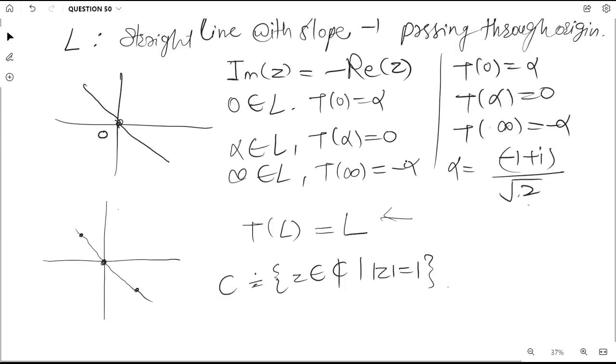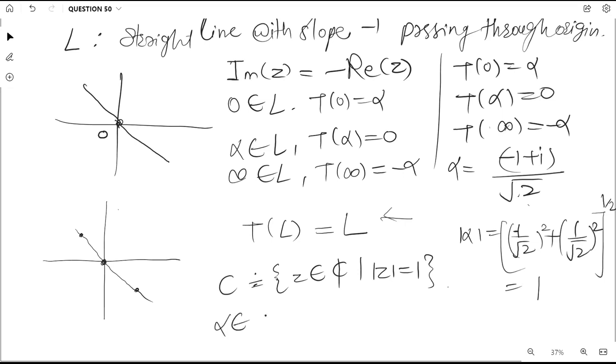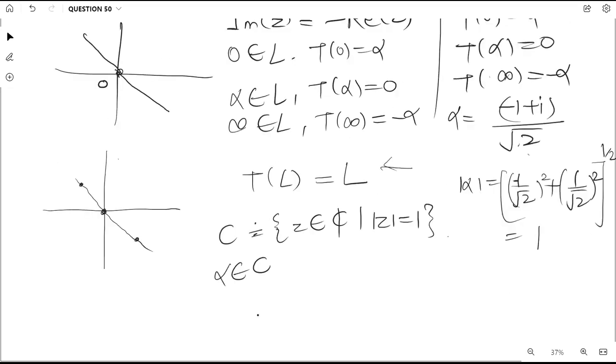Okay. Now, if we note what is mod alpha? Mod alpha is the square root of (-1 by root 2) squared plus (1 by root 2) squared. So this is 1. 1 by root 2 squared is 1 by 2 plus 1 by 2. So 1, and square root of 1 is 1. So alpha belongs to C, right?